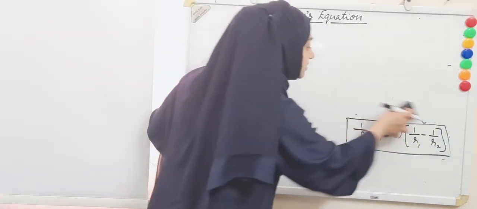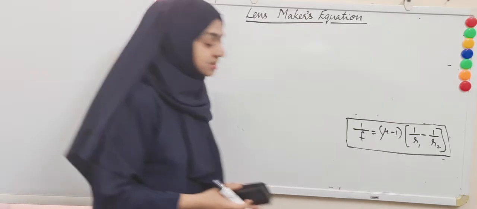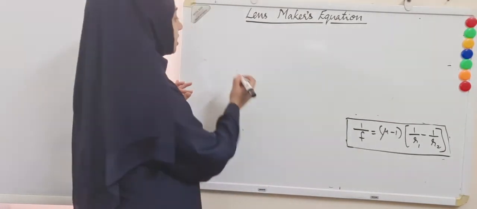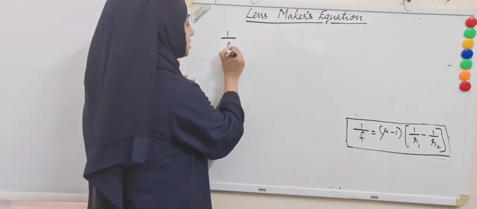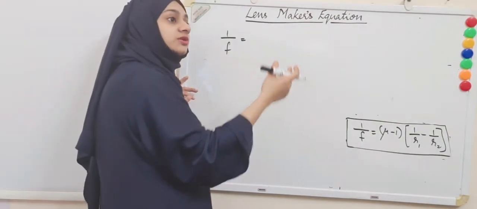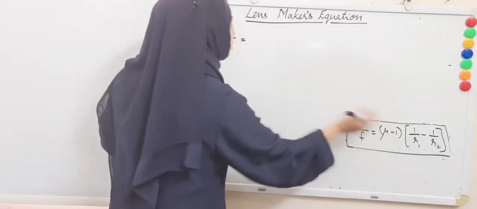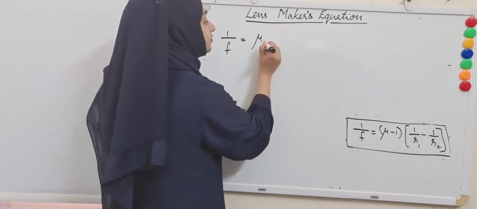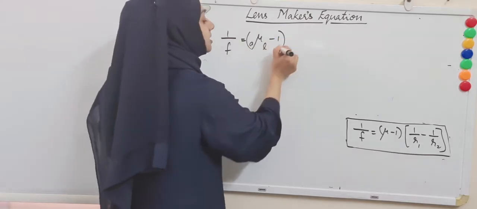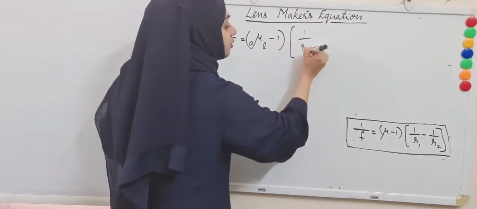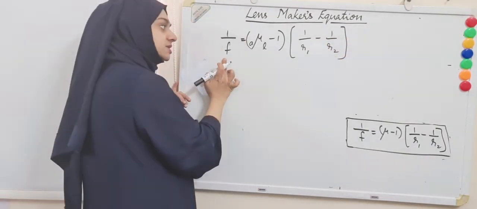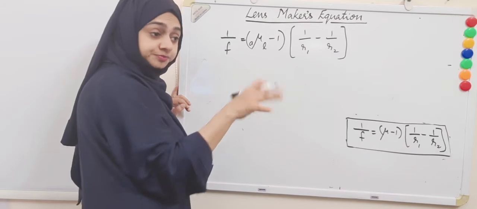So the refractive index mu here is the refractive index of the lens with respect to air. So I have 1 by f is equal to, in the situation which we consider, the light was entering from air to the lens. So mu will be the refractive index of the lens with respect to air, minus 1, into 1 by r1 minus 1 by r2. This is the focal length of the lens when it is kept in air.